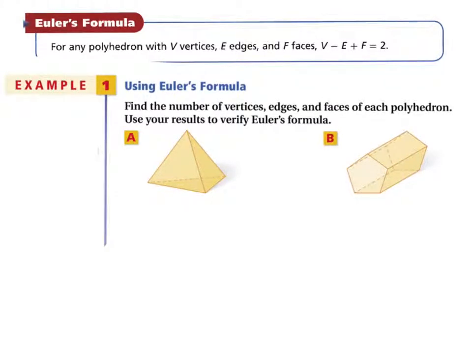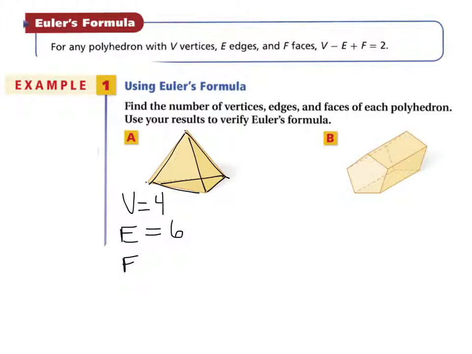So, example 1, using Euler's formula. I want you to find the number of vertices, edges, and faces of each polygon, and then use your results to verify it with Euler's formula. So, vertices. If you count up the number of vertices, 1, 2, 3, 4. So we have 4. Edges, 1, 2, 3, 4, 5, 6.